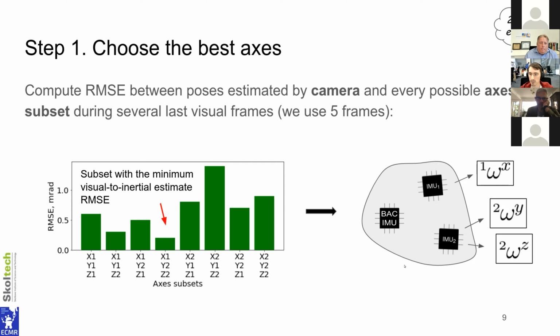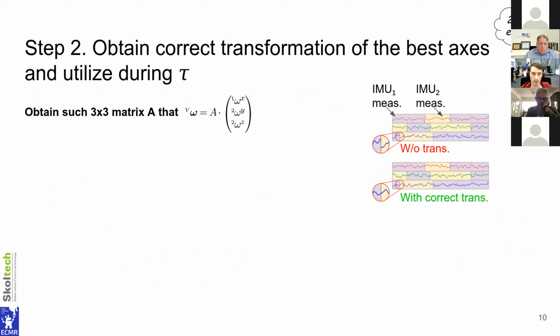The next step is to transform these measurements in order to properly utilize them as a virtual IMU. So this is some matrix A to provide these virtual measurements.